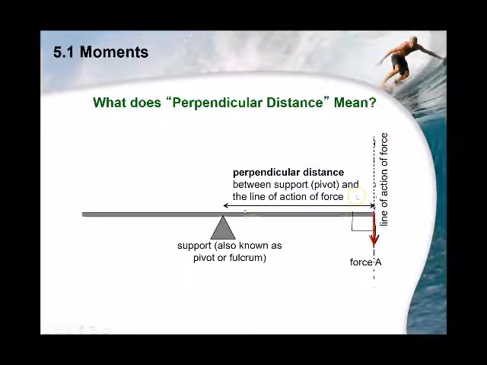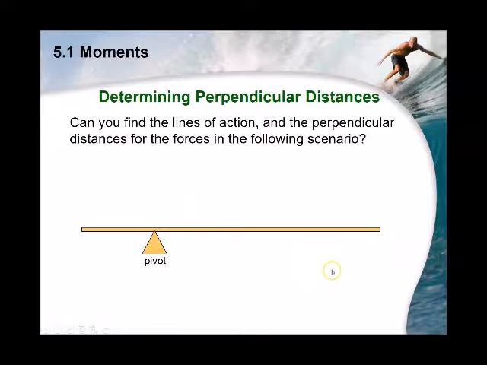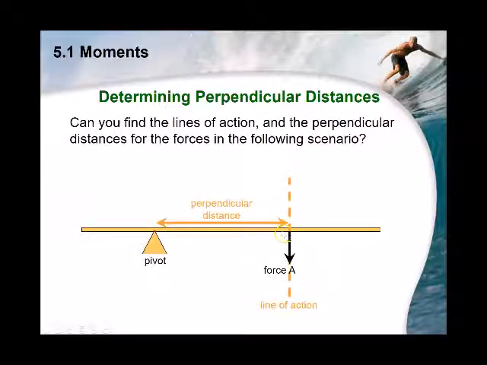So the perpendicular distance that we are interested in is the perpendicular distance from the force to the pivot over here. Let's take a look. If this is the force, where do you think the perpendicular distance would be? If you have guessed that the perpendicular distance from the pivot is from here to here, then you are absolutely correct.